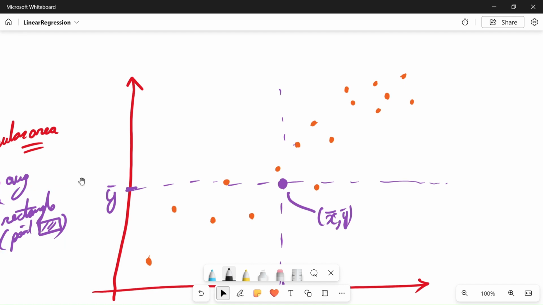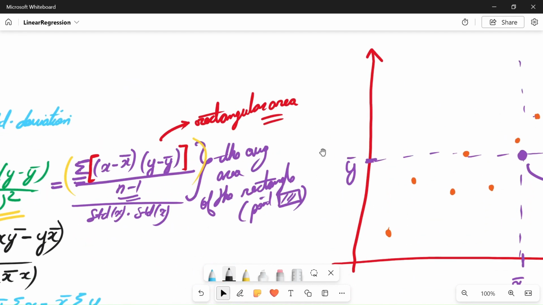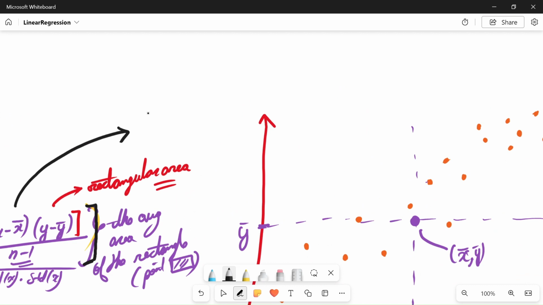But not so fast. Once you perform the calculations in the numerator part of this equation, what you'll actually get is a value. Let's say that value comes out to be A average.